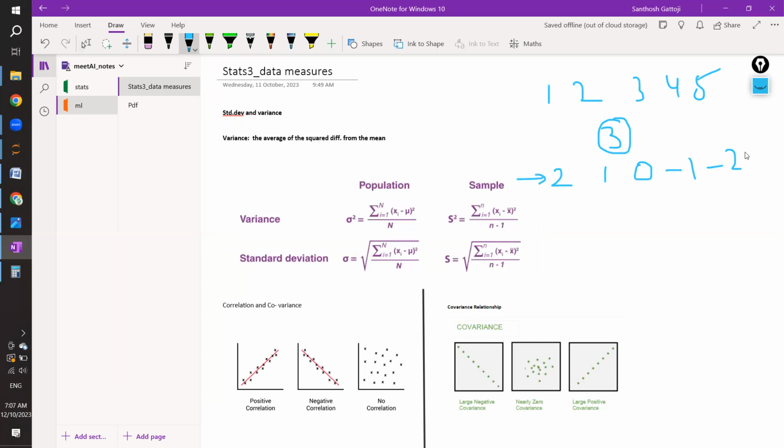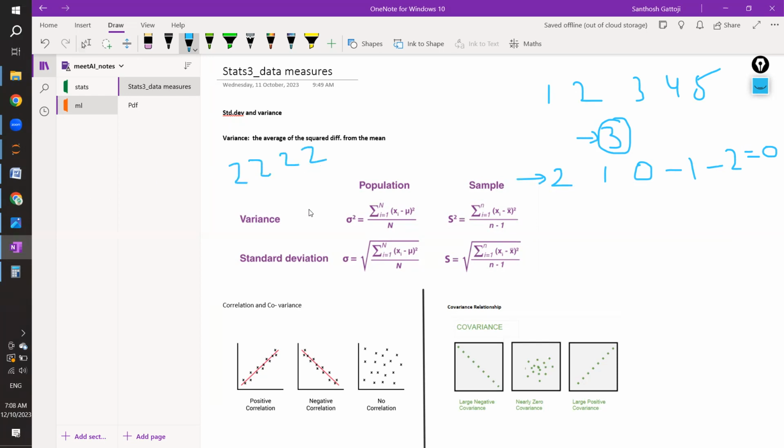0. Because it is 0, can I say there is no difference between each number and its mean? No, I cannot say that. Just because we are getting 0, I cannot say every number is the same as the mean. It will be 0 only when each and every number is exactly the same: 2, 2, 2, 2.